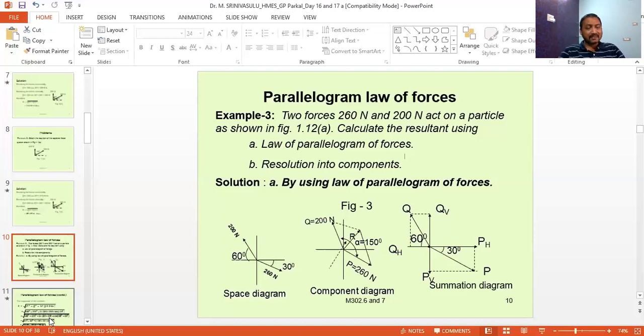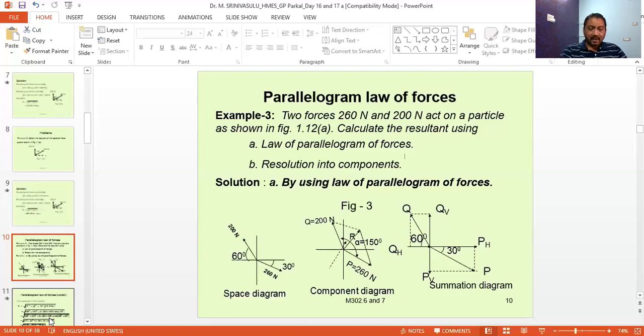So alpha is the included angle between the two forces, equal to 150 degrees. Now when we know the two forces and the angle between them, we can find out the resultant by using the parallelogram law of forces.